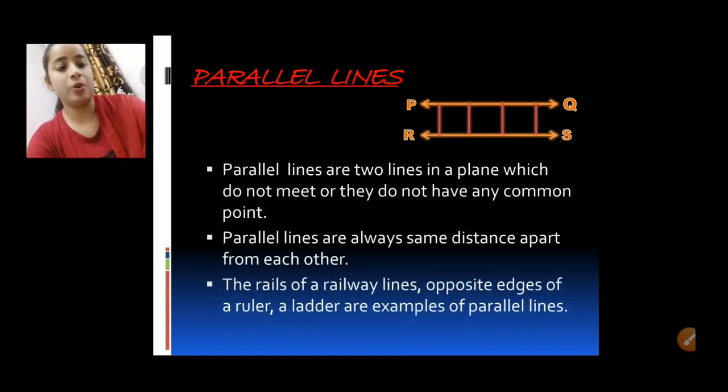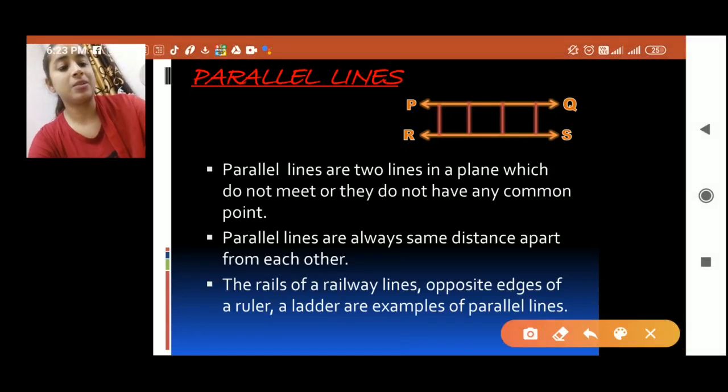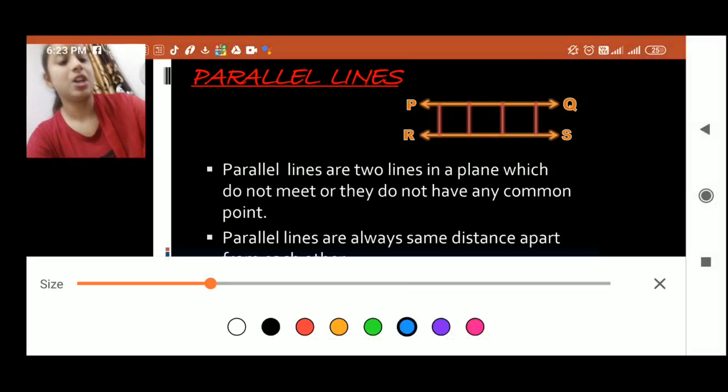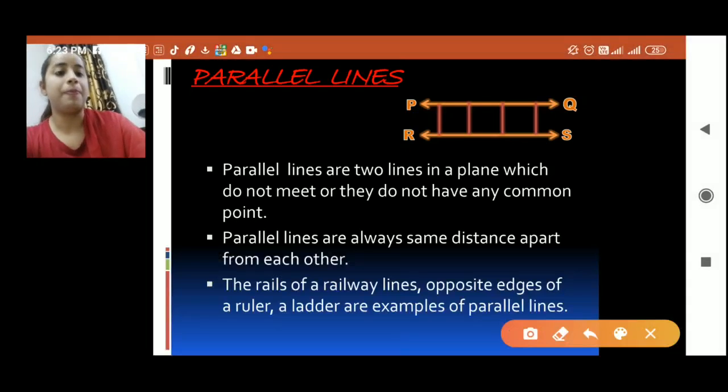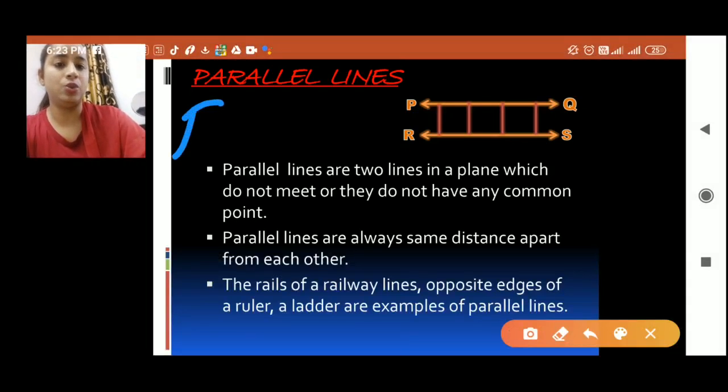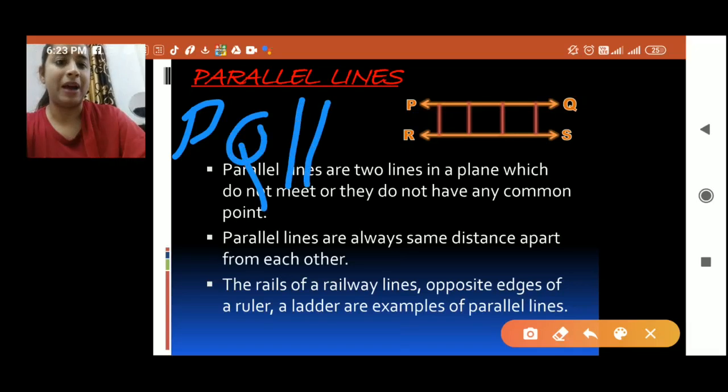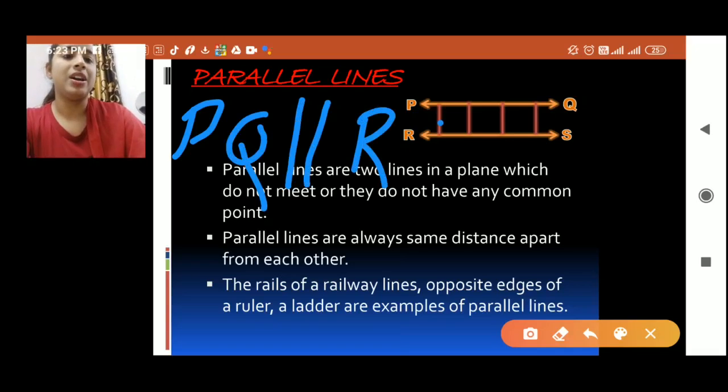The rails of a railway line, the opposite edges of a ruler, and a ladder are all examples of parallel lines. Now just keep in mind that the parallel lines PQ and RS are written as PQ parallel to RS.